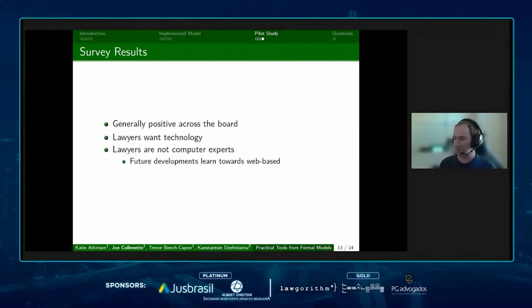But they're also not computer experts, so we can't have anything that's too complicated or difficult to set up. So our future developments have tended to lean towards web-based systems.